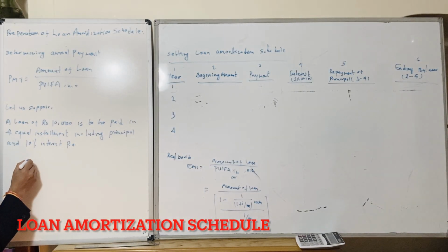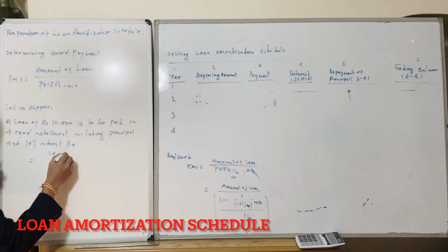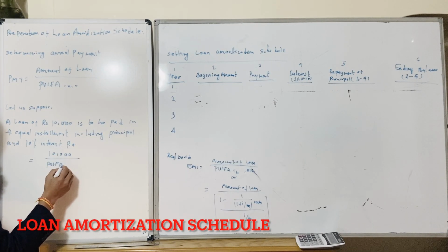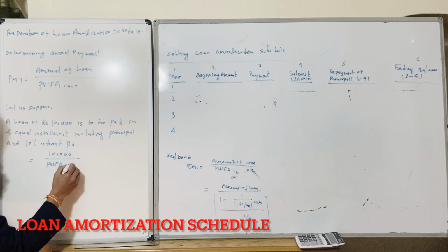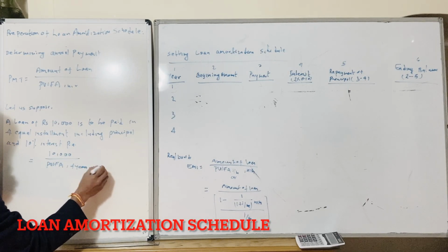First, the loan amount is 10,000. Then the present value interest factor annuity for the number of years, 4 years, and rate of interest 10%.